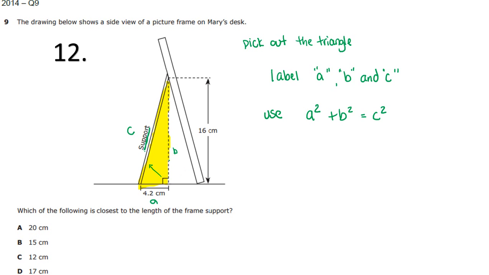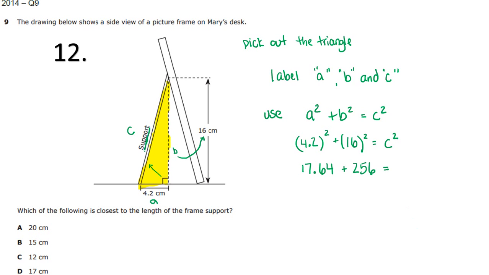If you also notice about our B, it's the same as this 16. It's the same length from top to bottom. So that means A is 4.2, our B is 16, and our C we don't know. In order to finish this question, we have to type 4.2 squared in our calculator and then add 16 squared. 4.2 squared is 17.64. 16 squared is 256.